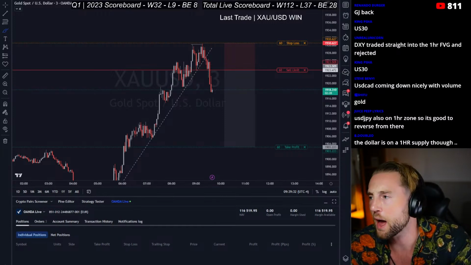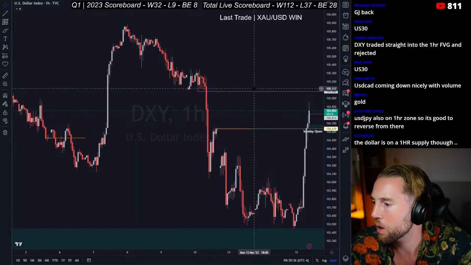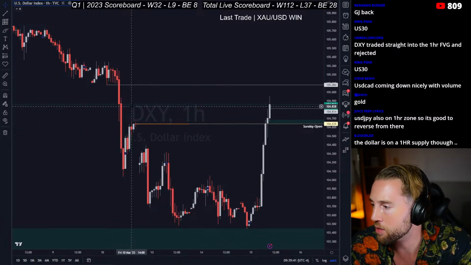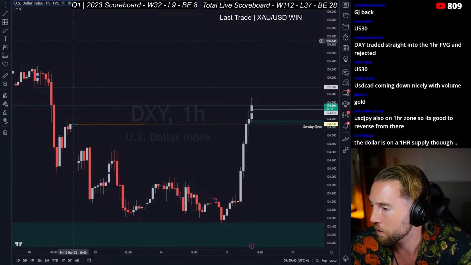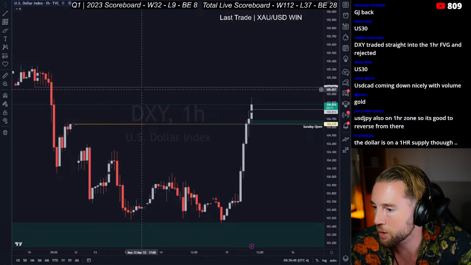Dollar is on a 1 hour supply. I don't see a supply right now on the 1 hour. No, I'm looking at the 105 range, a little bit higher.